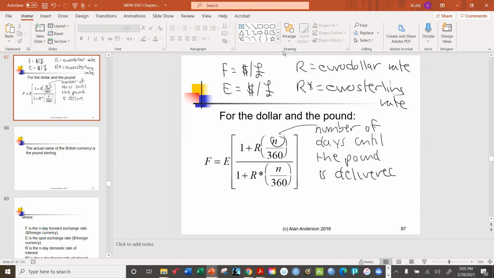And again, it is based on a 360-day year because that's the convention followed by these two rates of interest. And this formula is what we mean by the interest rate parity condition. This is the relationship that must hold in order to prevent arbitrage opportunities.